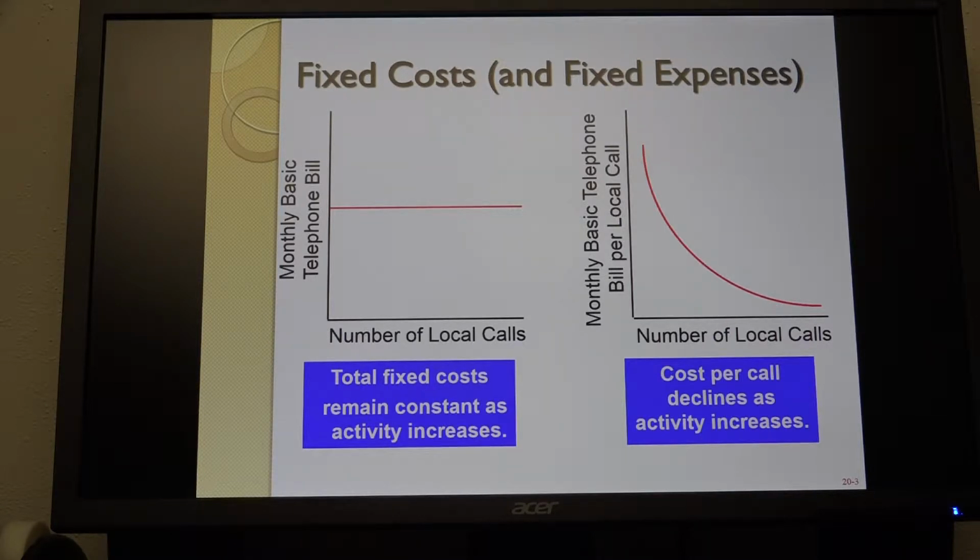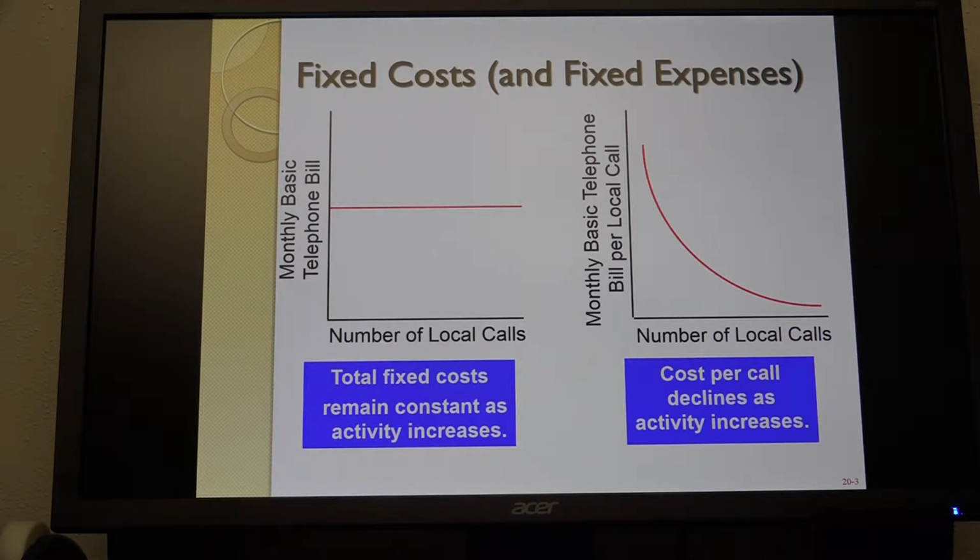That manufacturing warehouse that you're paying for each month costs you $10,000 a month, regardless of what your output is, regardless of what your revenues are, how many goods you produce and sell. You've still got that cost of $10,000 to pay for that warehouse. And that's true whether you produce 0 or 1,000,000 of whatever it is you produce.